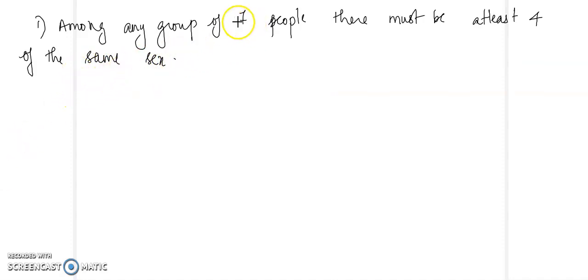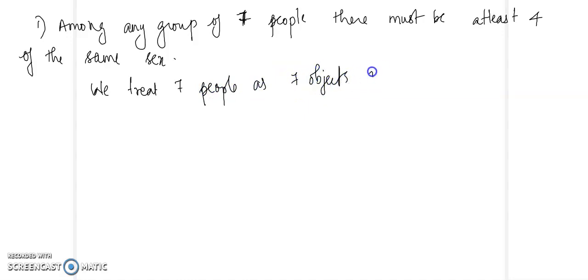So let us take the 7 people as 7 objects, and let us consider the boxes to be male and female.